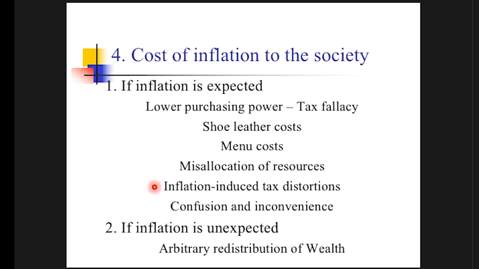But in fact, when we have to pay the tax based on the money we have, we also have to pay more tax. The explanation of this type of cost of inflation can be practiced by one exercise in the textbook. I will ask you the exercise later.